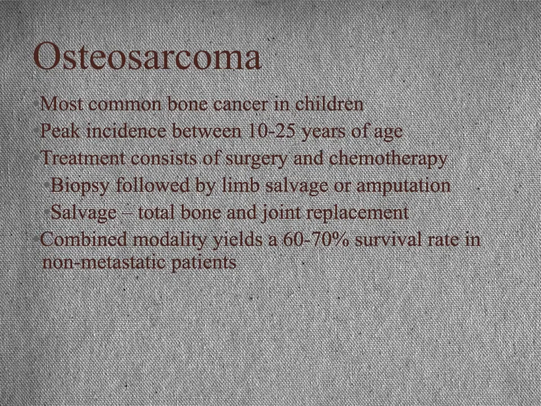So with osteosarcoma, we end up doing chemotherapy and then surgery. The goal of the chemotherapy is to shrink as much of that tumor as possible, and then we will go in and remove it and try to salvage the limb. However, depending on where it is and how much of that bone is involved, they may end up with amputations.